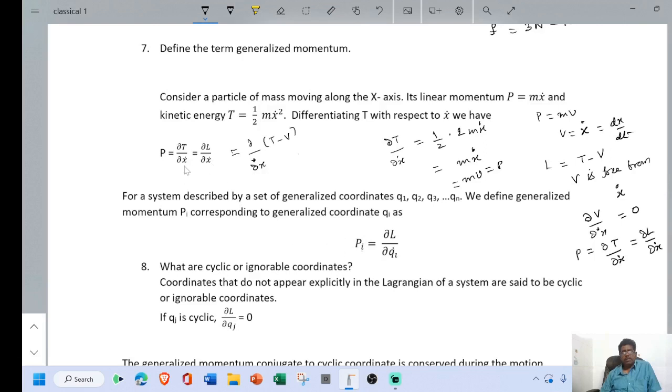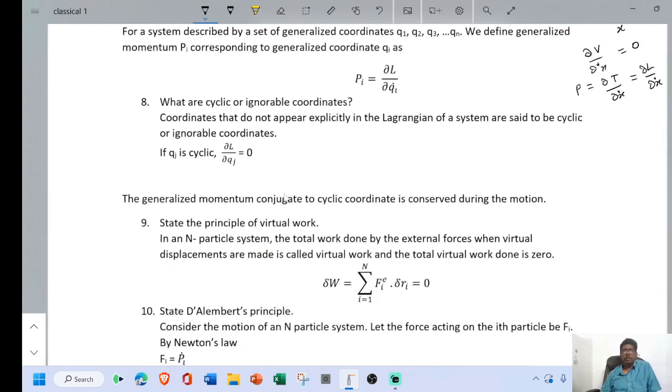Then the generalized momentum pi equals dou T divided by dou qi dot. We have to replace the Cartesian coordinate x dot by q dot because q is a generalized coordinate. The ith component momentum pi is equal to dou L divided by dou qi dot. This is our generalized momentum.